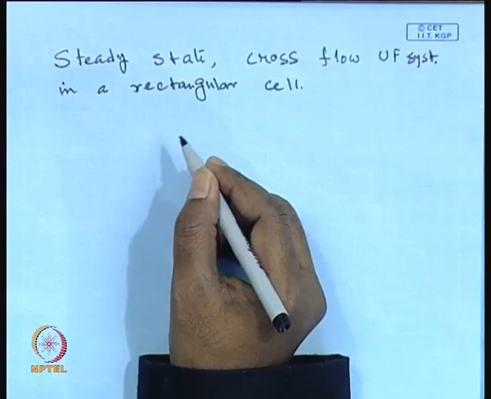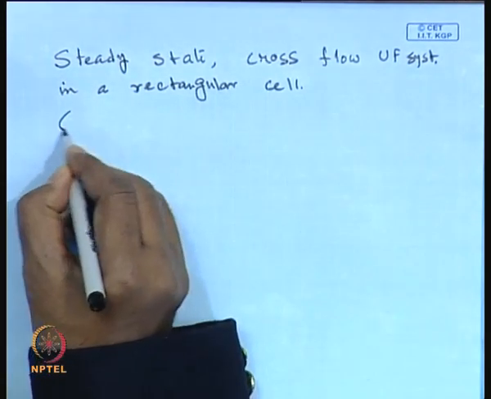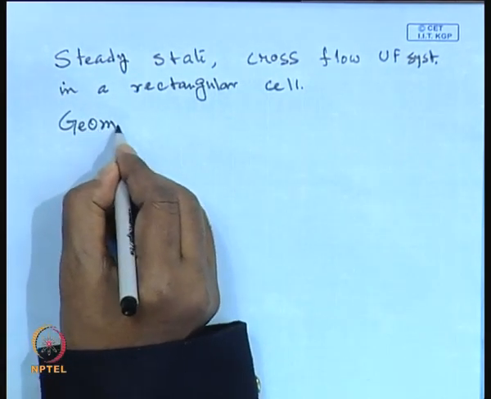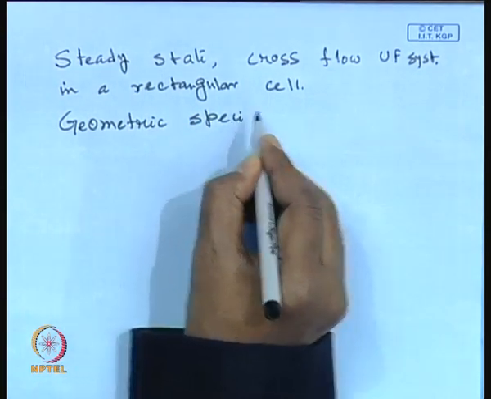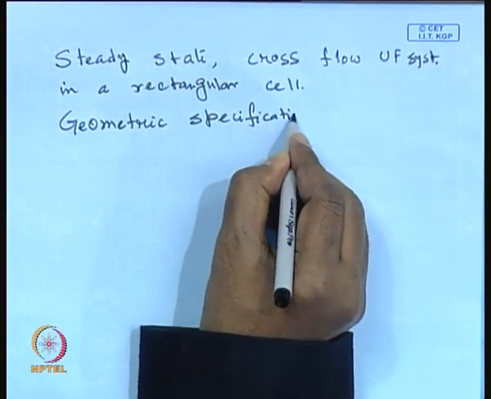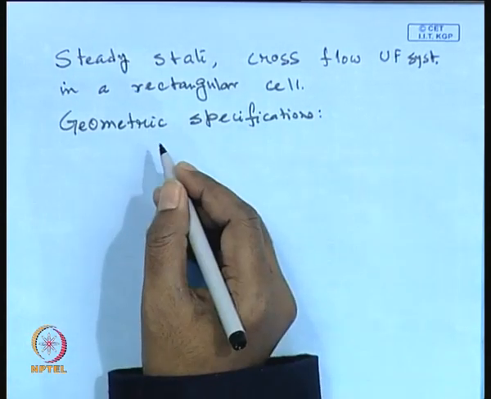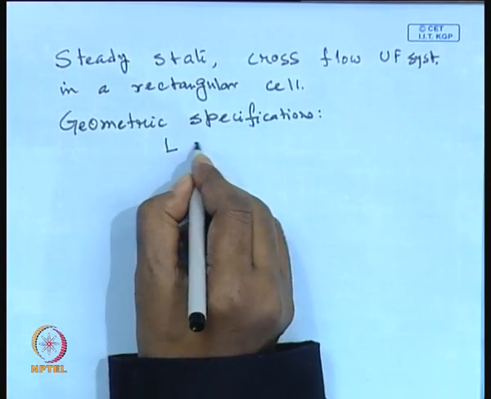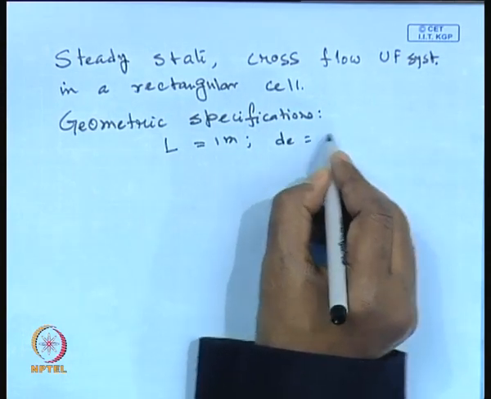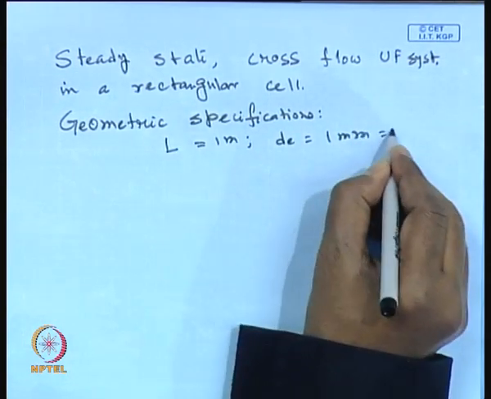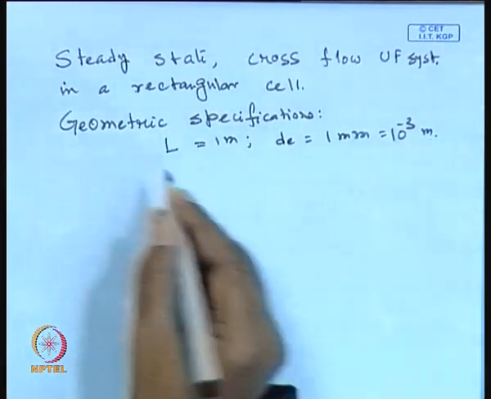The geometric specifications should be given to you: the cell length is 1 meter and the equivalent diameter is 1 millimeter, that means 10 to the power minus 3 meter.